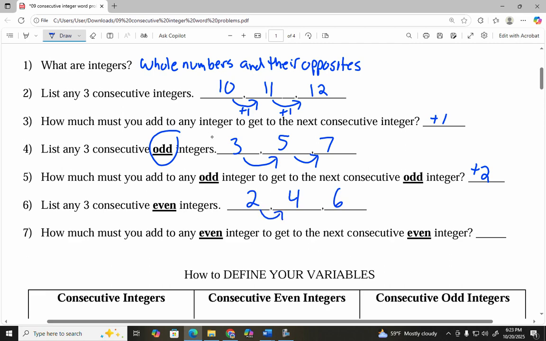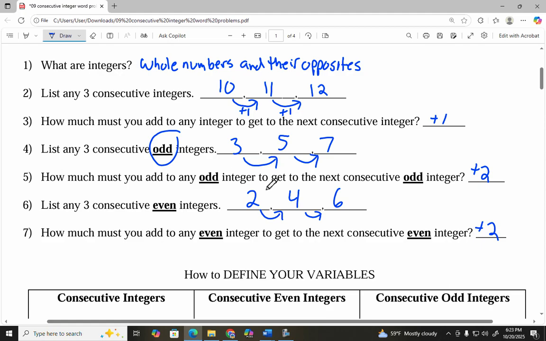And to get from one even to the next, we're also adding on 2. So that's something interesting to note, that to get from one odd to the next odd, it's an add-on 2. To get from one even to the next even, it's also an add-on 2. To get from one integer to the very next one is just an add-on 1.